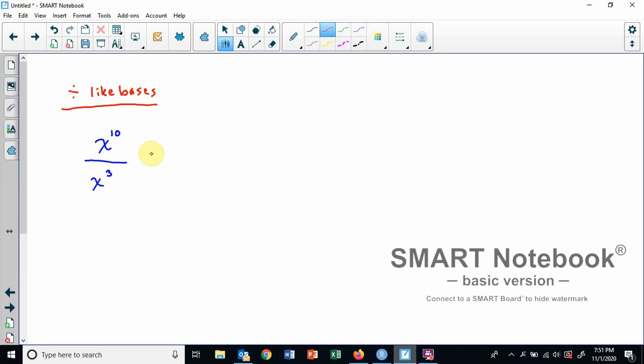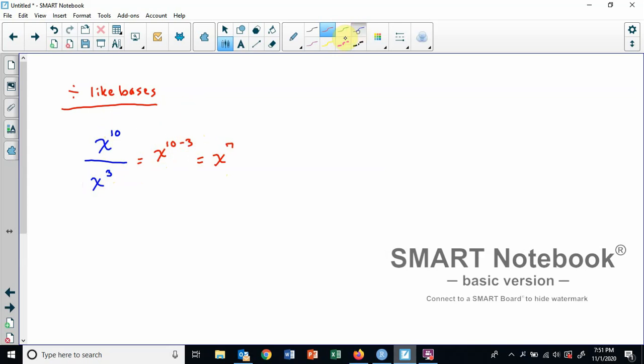The rule tells us that if I have a like base up top and a like base on the bottom, I can smush them together in the top. And what you'll do is you'll take the number from the top and subtract the exponent from the bottom. So 10 minus 3. So x to the 7th.